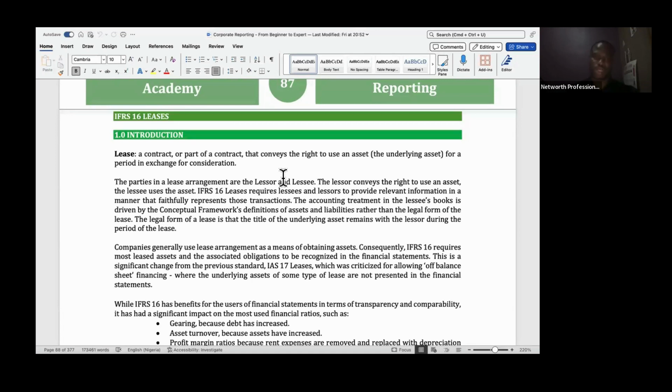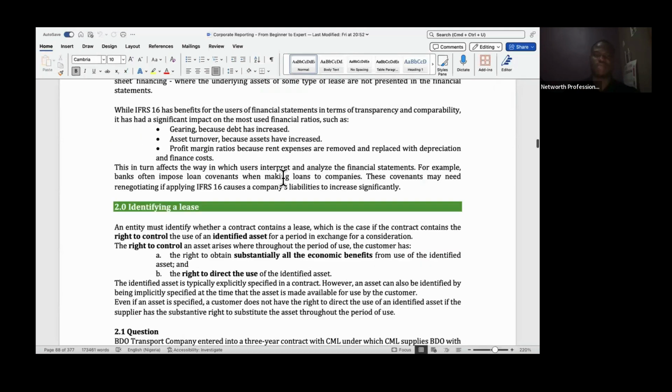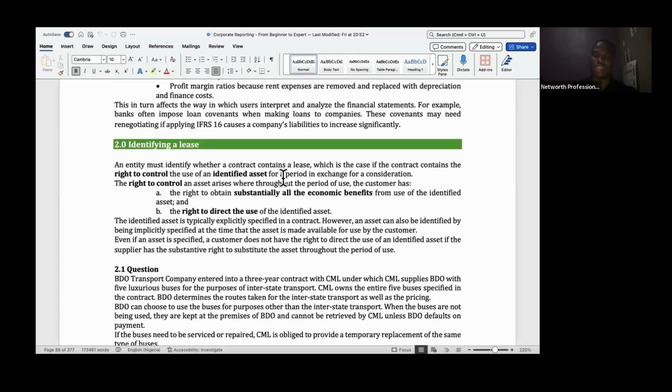We mentioned that a lease is a contract, and the substance of that contract is that a lessor is transferring the right to use an asset to a lessee. To identify that there is a lease in a contract, the key term is right to control.